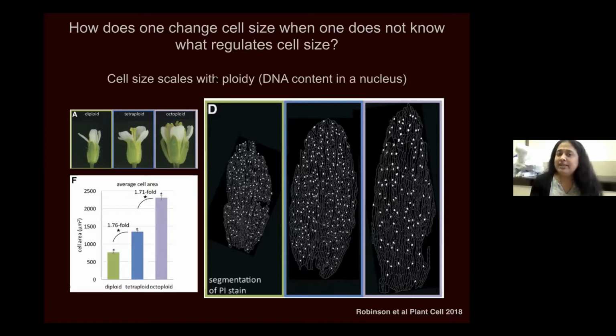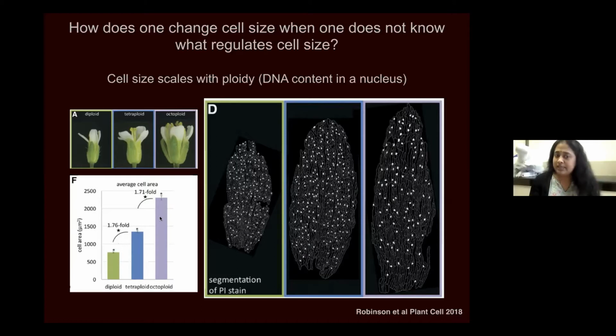For cell size, it has been known for several decades that the size of a cell corresponds to its ploidy. So it changes with its ploidy. This was most famously discovered in plants, where if you have a diploid plant and the same species that is tetraploid or octoploid, the overall size of the plant changes.